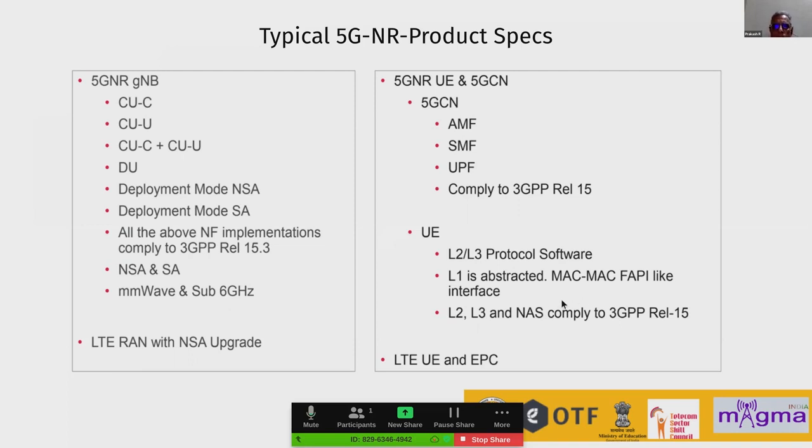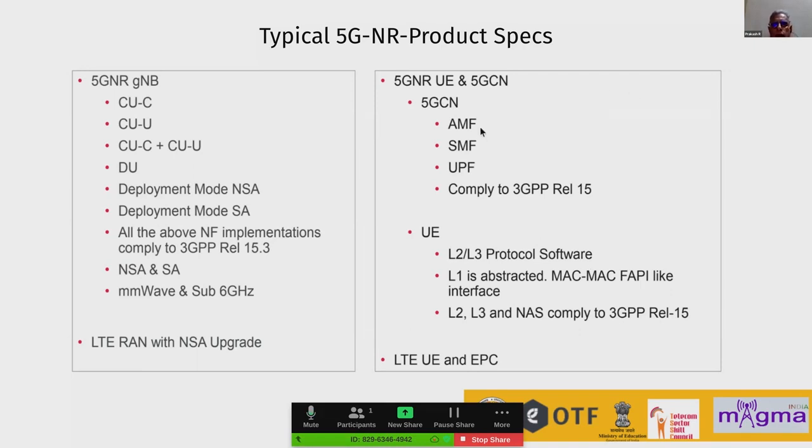Then you have the L2, L3 NAS, the network access stratum API, which was defined in 3GPP release 15. The products obviously are going to be behind because specifications go ahead, but the products have to catch up. Today we are getting UEs which are in 5G bands as well as 4G and 5G dual band and dual connectivity, to be able to operate with both 4G and 5G backhauls or 5G cores.